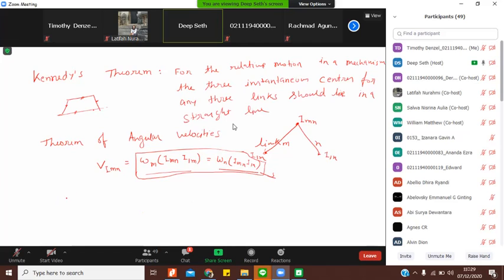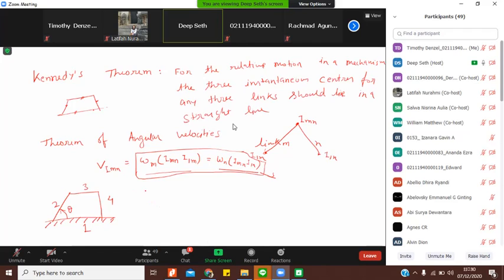And just for example, we will take one example over here. So let's say you have this fixed link 1, this is your link 2, this is your link 3, this is your link 4. And for link 2 we are giving the input, and it will rotate by angle theta.